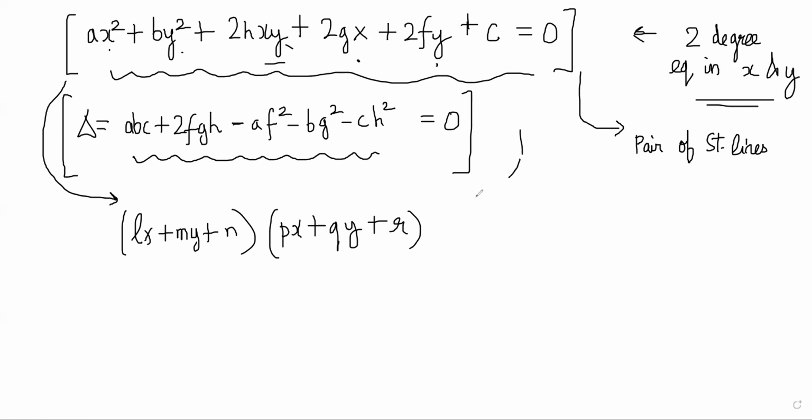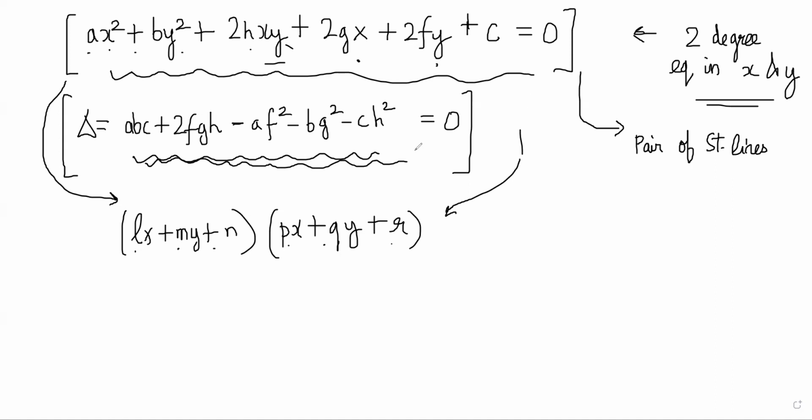If you multiply it out, you will get six variables here and conditions on six variables to A, B, H, G, F, and C. I don't see any normal way in which I can prove this result.